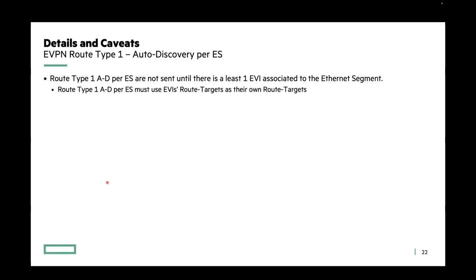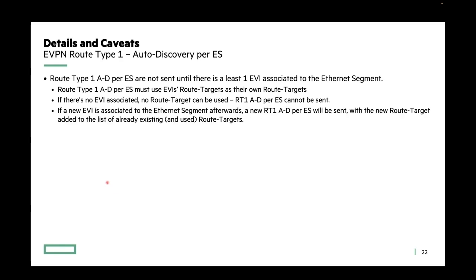This is because the RT1 AD per ES must use the route targets of the EVIs which have been associated to it, the route targets defined at the layer 2 VNI level. So if there is no EVI associated, no route target can be used, and RT1 AD per ES cannot be set.